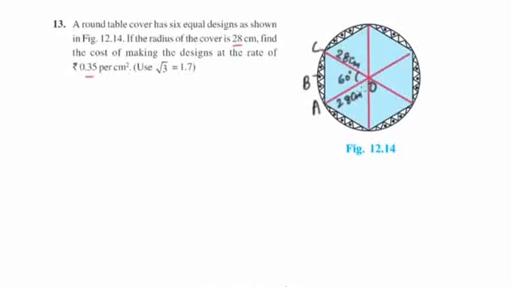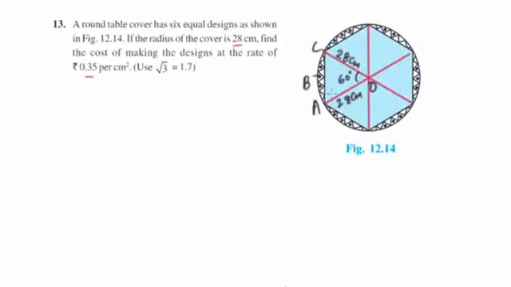So we can find the area of one of the design by finding the area of the sector OABC, and we can subtract the area of triangle OAC from it. We'll get the area of one of the design. Then we can simply multiply it with 6 to find the area of all the 6 designs.